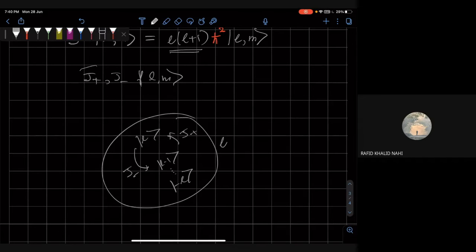And so the L is labeling the whole Hilbert space, whereas the value of j3 is labeling the linearly independent basis vectors in that Hilbert space, the individual vectors. Okay, that's the picture we want.